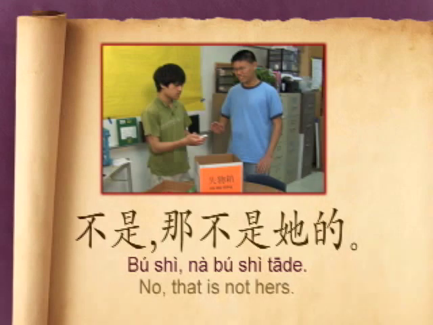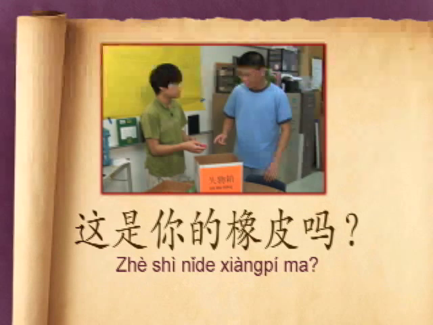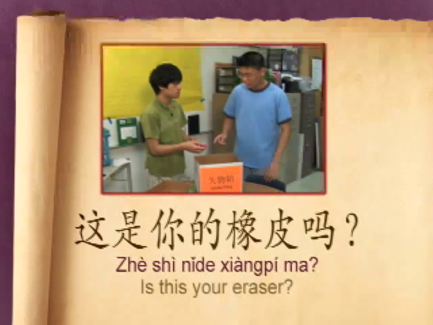Then student number 1 asked, 这是你的橡皮吗? Is this your eraser? Ma is also at the end of this sentence.